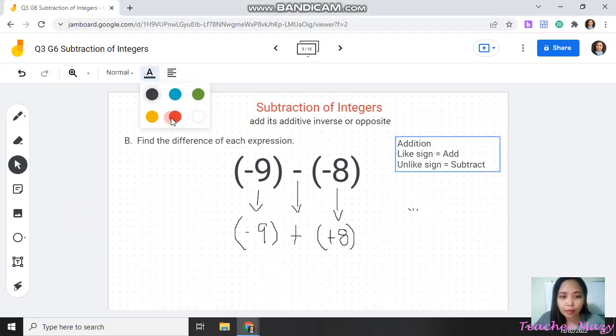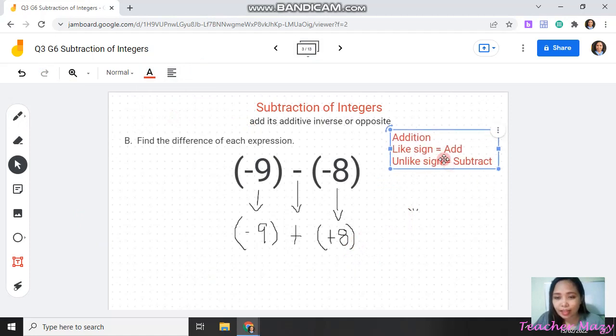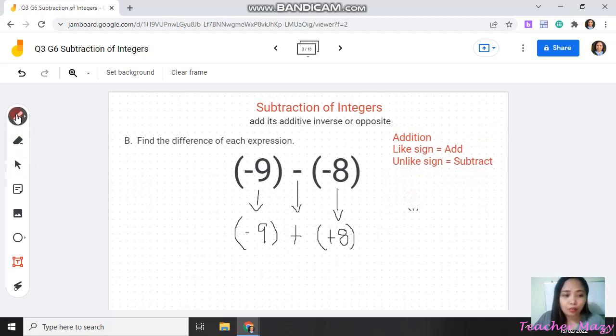Okay, so now we can add the following integers. Remember, in addition of integers, if we have like signs, we need to just add them. And if the integers have unlike signs, one is positive and the other one is negative, we need to subtract their absolute values. This time, our integers have unlike signs, so we need to subtract their absolute values.